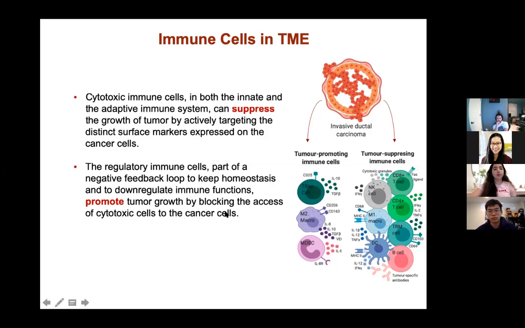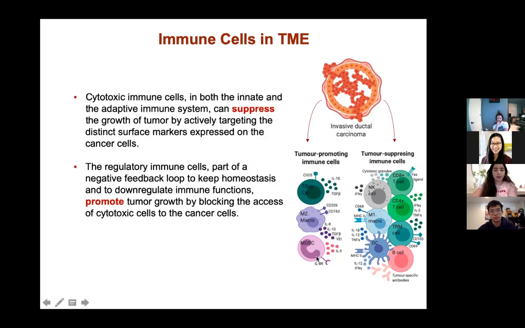And then the regulatory immune cells, our suppressors, are part of the negative feedback loop that actively goes on to downregulate the effectors and also produce a lot of cytokines, which in another way lead to the differentiation of more regulatory cells as opposed to effector cells when the immune cells are being generated and proliferated.